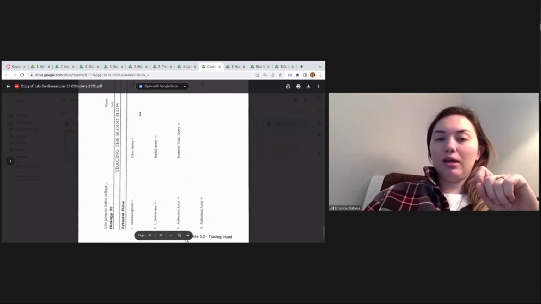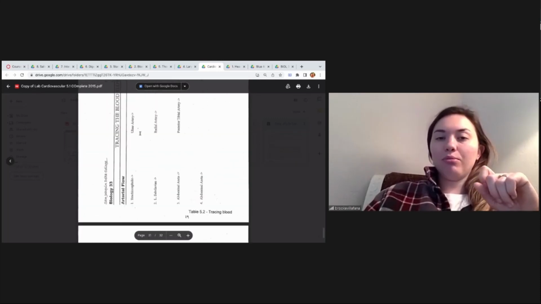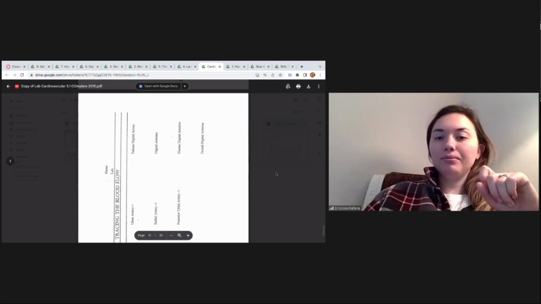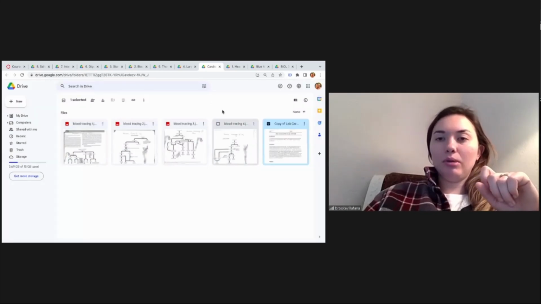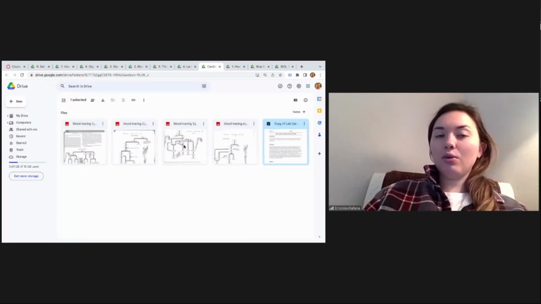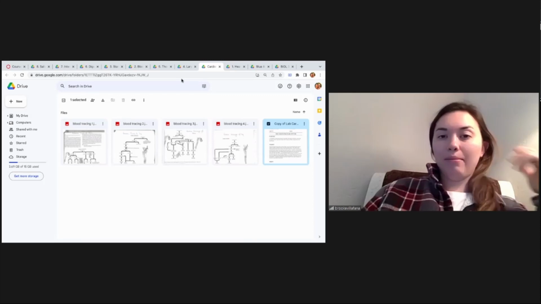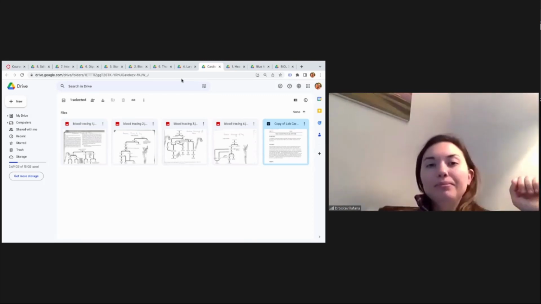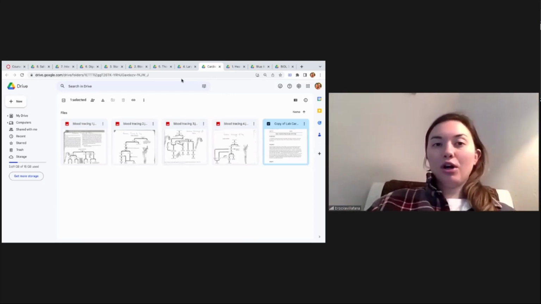Depending on who's grading, you'll get 2 or 3 points taken off per page if you don't fill them in. And you can use these to fill them in. I know you already had your blood tracing quiz, but maybe you forgot to fill them in on there. So just make sure everything's filled out on that packet. Okay. So that's your cardiovascular packet, the only thing you're turning in the day of your lab exam online.